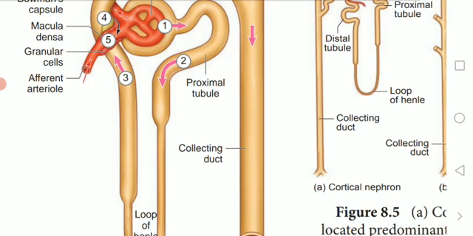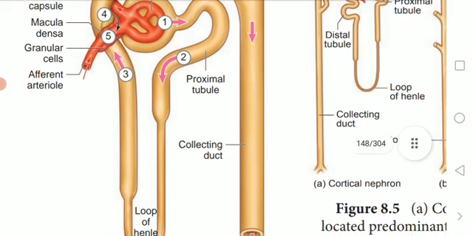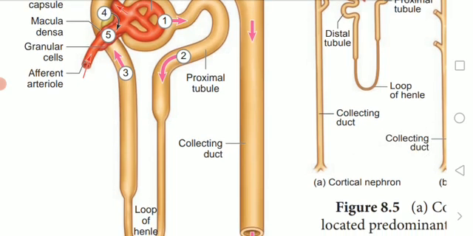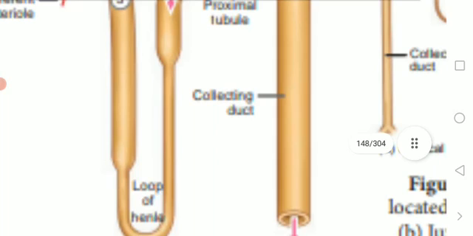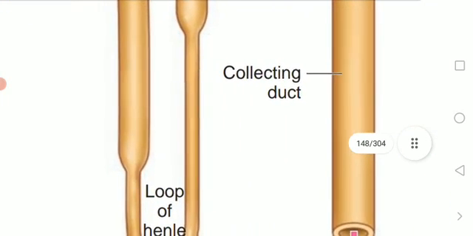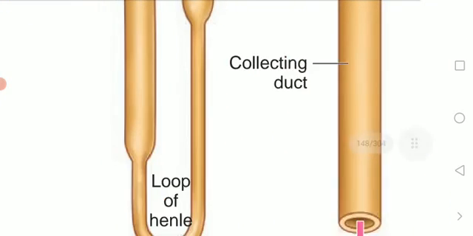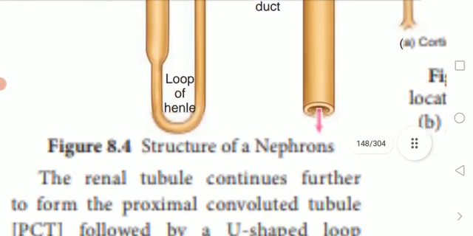So the filtrate formed per day is 170 to 180 liters, and it has to recycle again and again. The urine formed per day is 1.5 liters. The filtrate contains certain substances needed by the body.